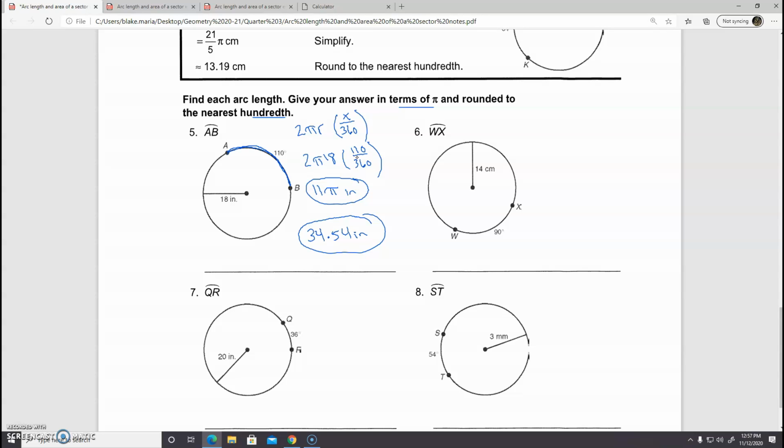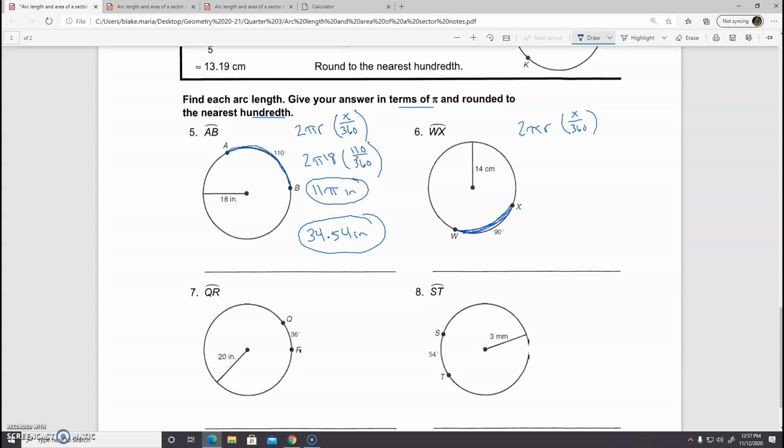All right, let's try another one. Here they want arc WX, they want the length. So again, when we think of length, we think of 2 pi r, we think of a piece of the circumference, right? A piece out of the total 360. So we got 2 pi, radius is 14, x out of 360, we want 90 out of 360.